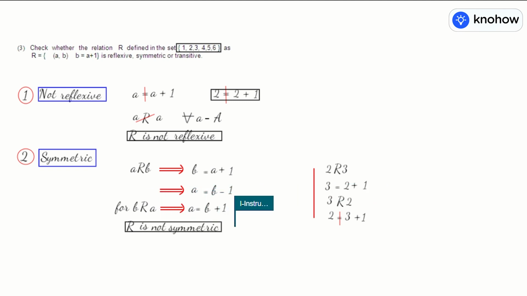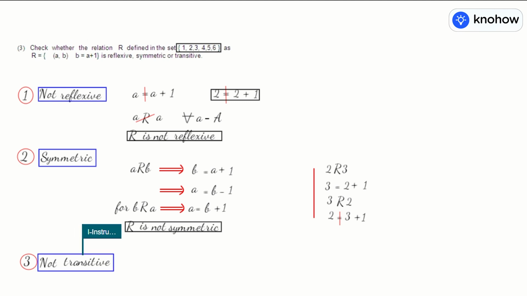Now next, to check whether it is transitive or not, it is also not transitive. That very easily we can see. If A is related to B, that means B equals A plus 1. And if B is related to C, that means C equals B plus 1.